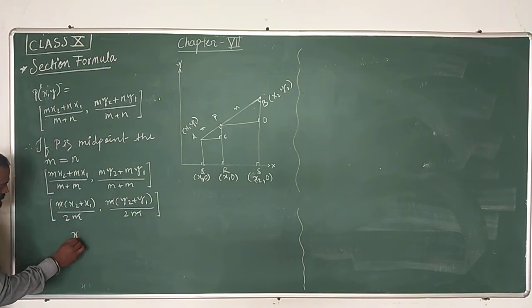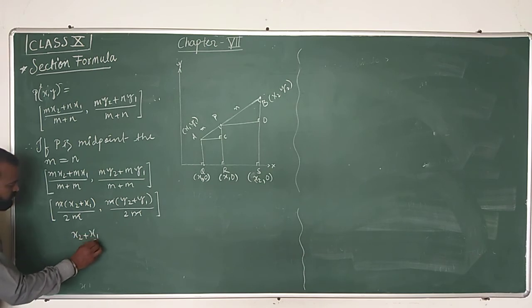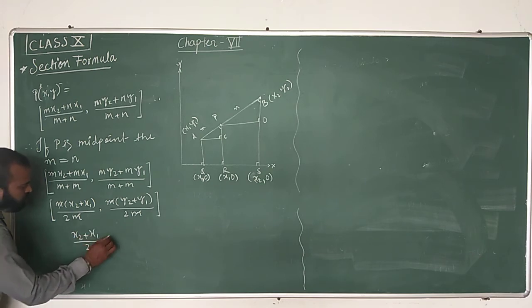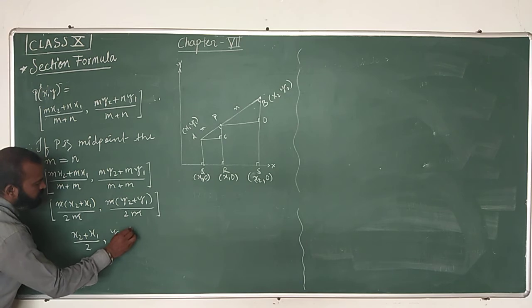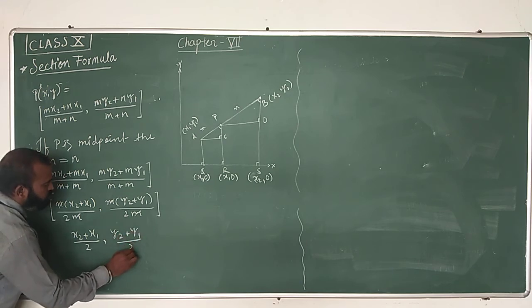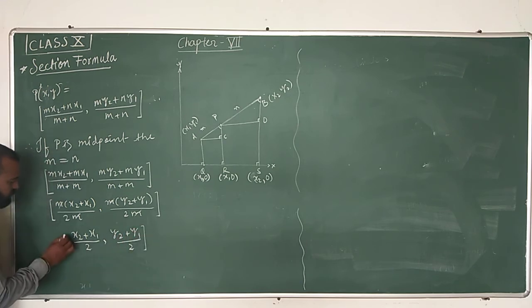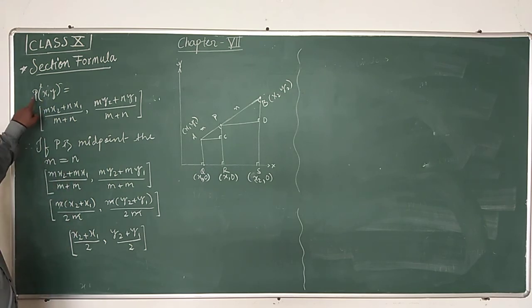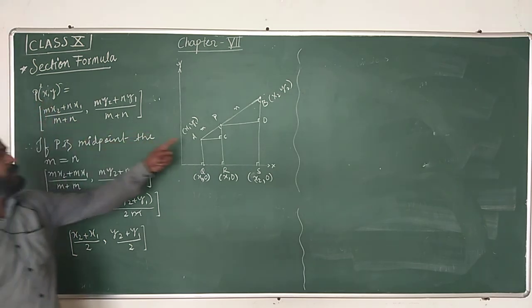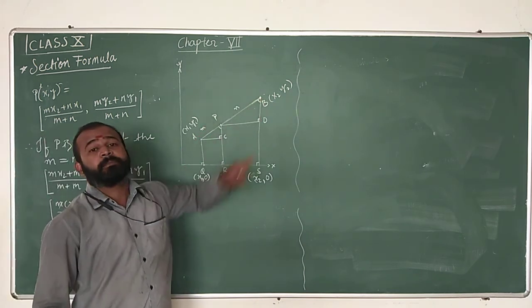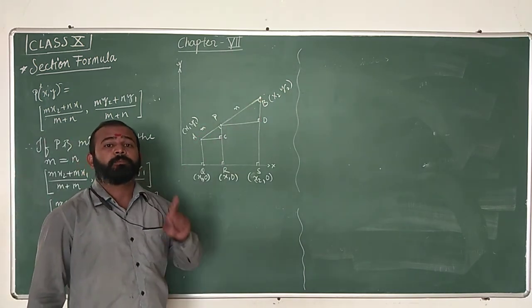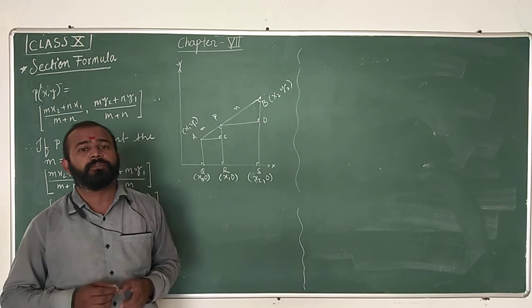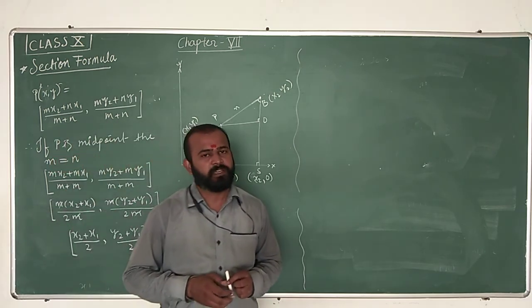What remains? (x2 plus x1) upon 2, comma, (y2 plus y1) upon 2. Now this is the formula if P divides the line segment AB in the same ratio, meaning if the point P is the midpoint of the given line segment.